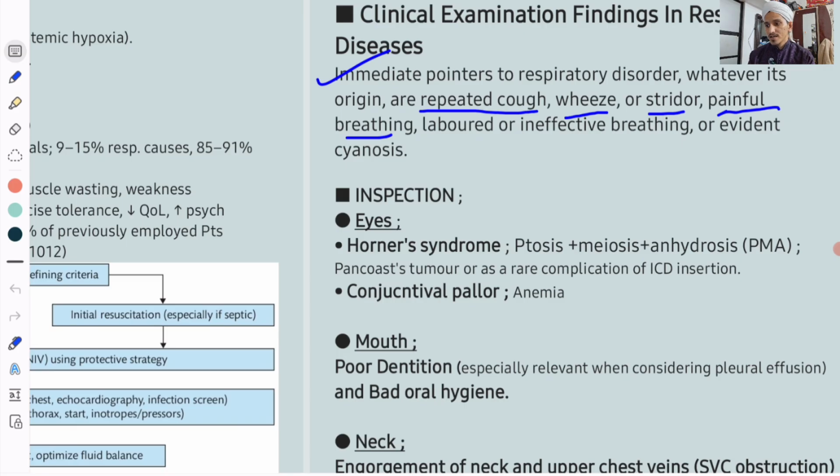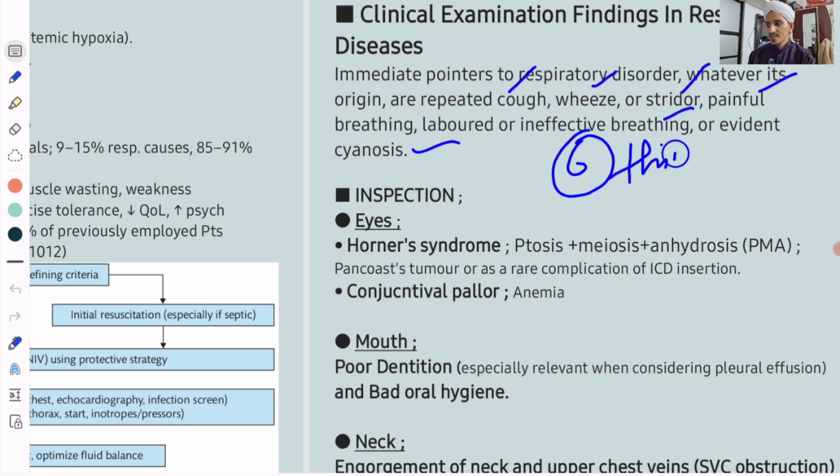Labored or ineffective breathing, nothing but dyspnea, and cyanosis. So 1, 2, 3, 4, 5, 6. These 6 are signs which point towards respiratory disorder.